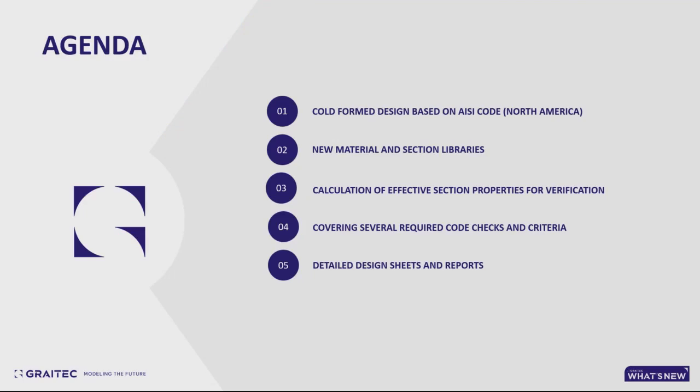Then we will talk about the code checks and design criteria that we are doing for cold form sections in new Advanced Design 2024. And finally, I'm going to show you the details of the design sheets and reports that Advanced Design creates for your cold form steel design projects.